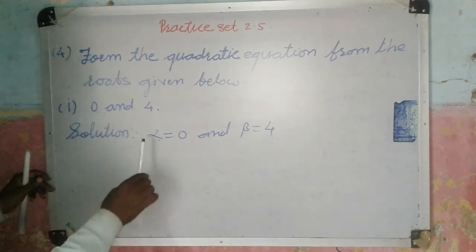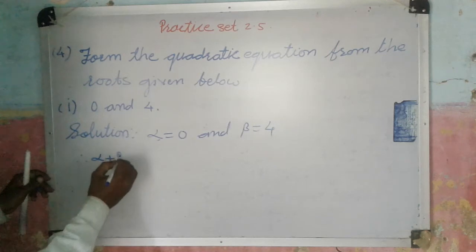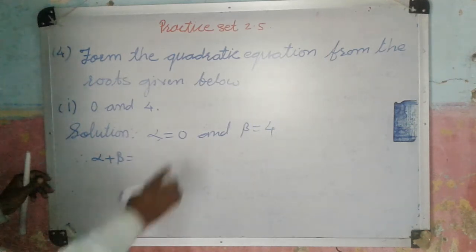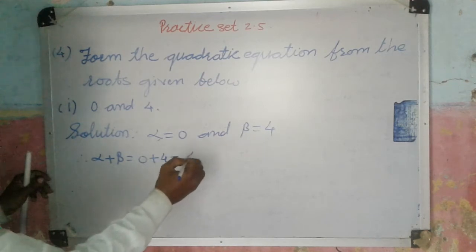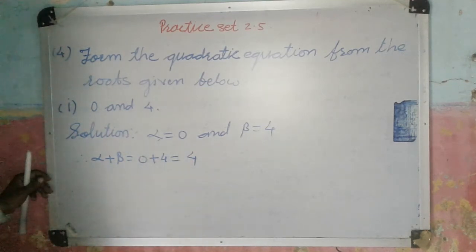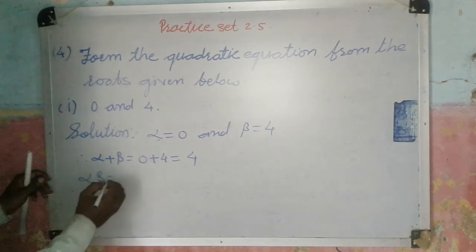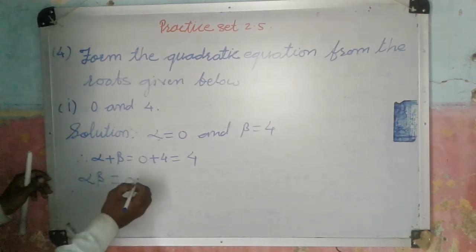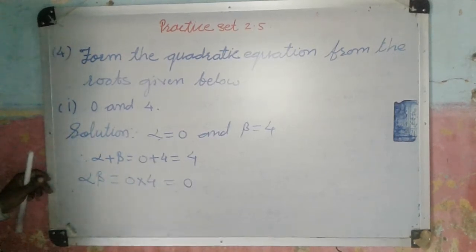Now addition of the roots, that means alpha plus beta is equal to 0 plus 4, and multiplication alpha into beta is equal to 0 into 4 is equal to 0.